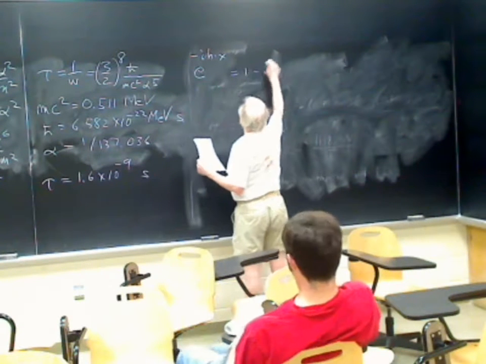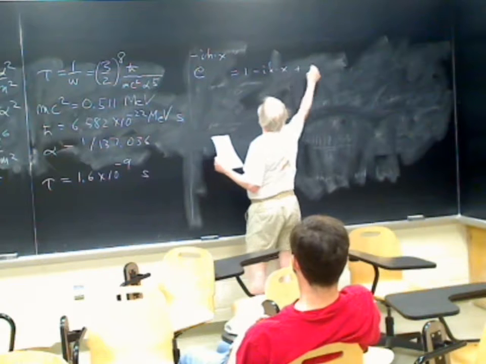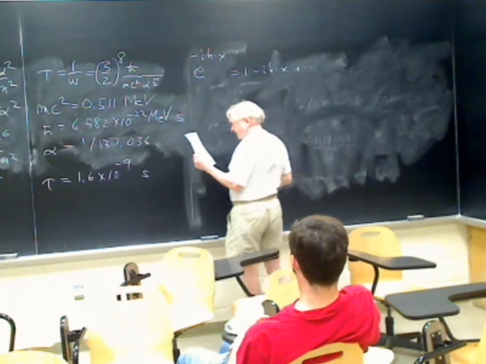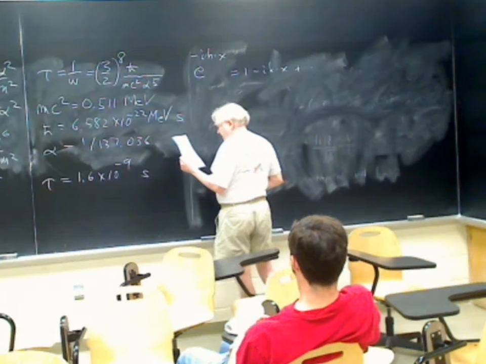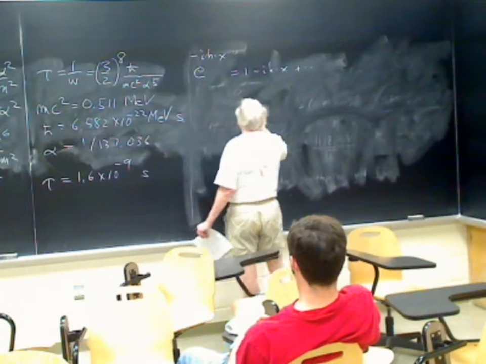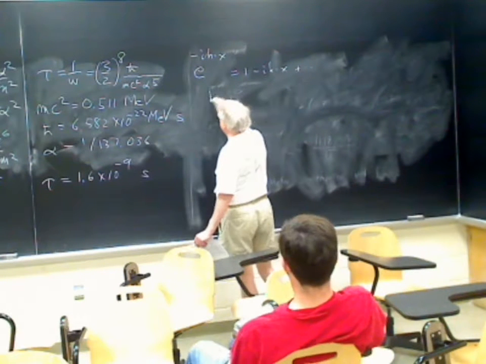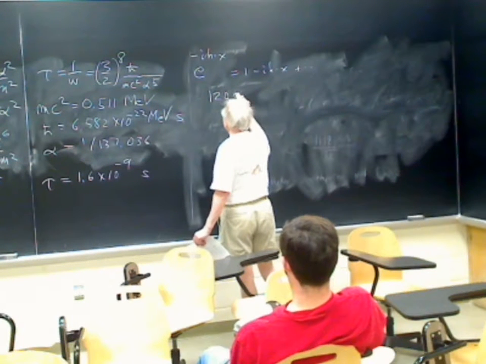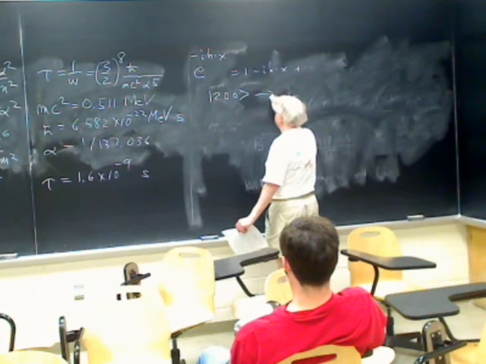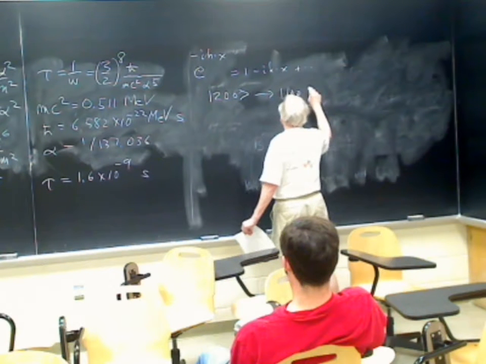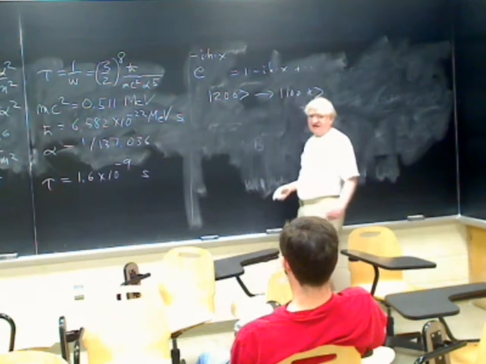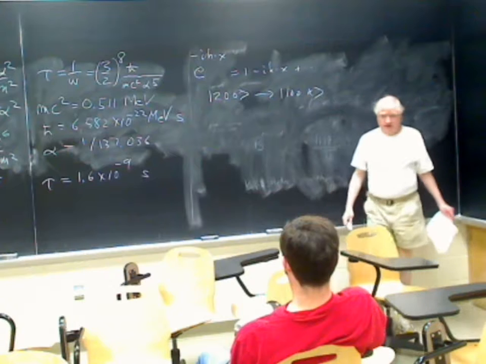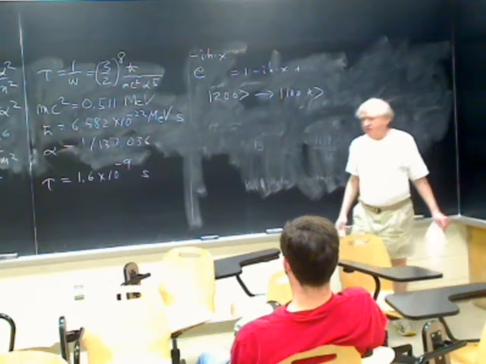And this is 1 minus i k dot x plus dot dot. So you keep this term. And this is something that you need to do if the original state was 2s, instead of 210, if it was 200, if you were trying to do this transition. Clearly the 2s state is going to have a longer lifetime.